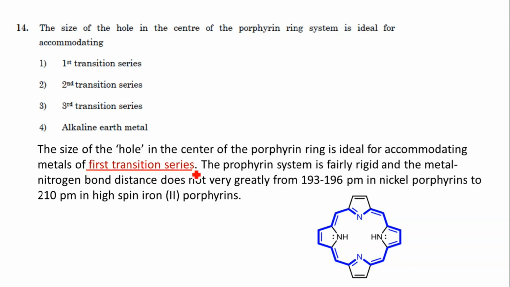The porphyrin ring system is fairly rigid and the metal-nitrogen bond does not vary greatly, from 193 to 196 picometers. So the size of the hole in the ring is matched to the first transition series, not the second or third transition series. The first option is correct. Next question.